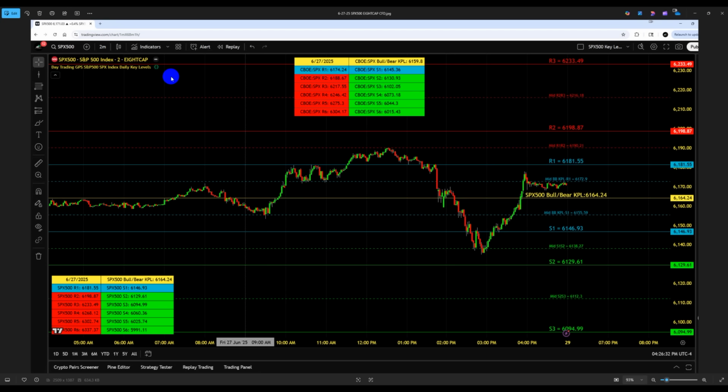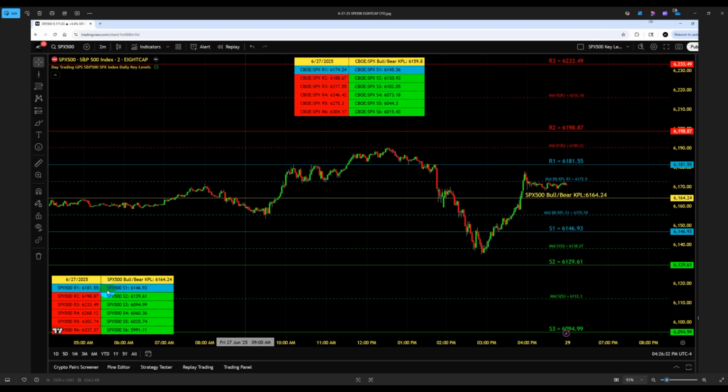The advantage of having the 2 charts open is that if you have your chart set to the SPX 500 8-cap, then at 9 a.m. in the morning, 30 minutes before the main CBOE SPX index opens at 9:30, you will get the levels via this second table here that's displayed when it's on the SPX 500 chart.